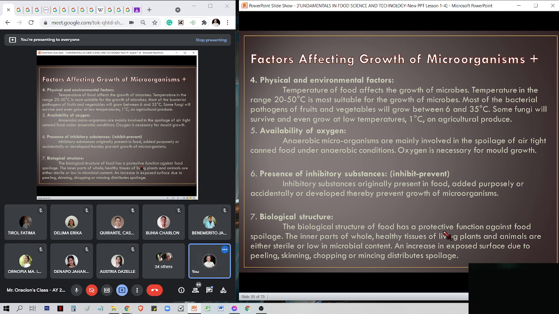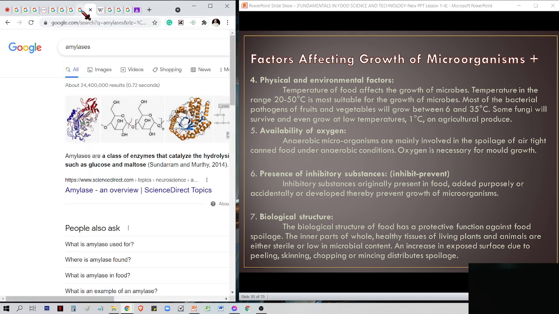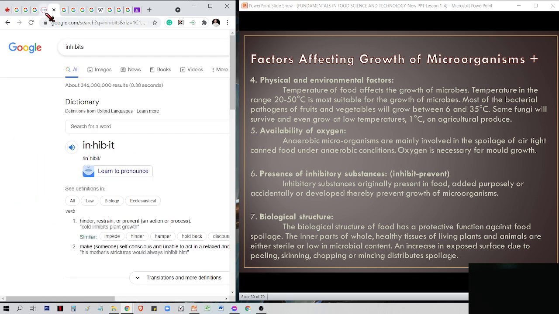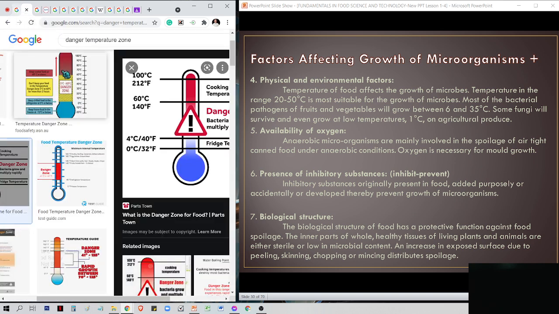Remember, class, do you still remember the danger zone temperature? Hello? Oh no, you no longer remember the danger zone temperature? When you are using Fahrenheit, that was 40 to 140 Fahrenheit.